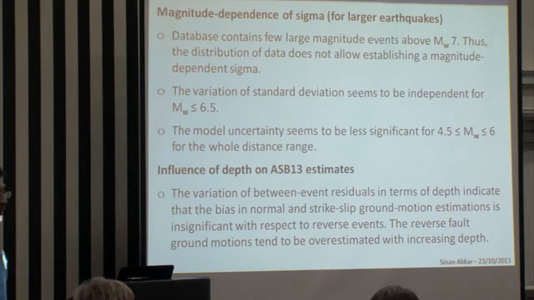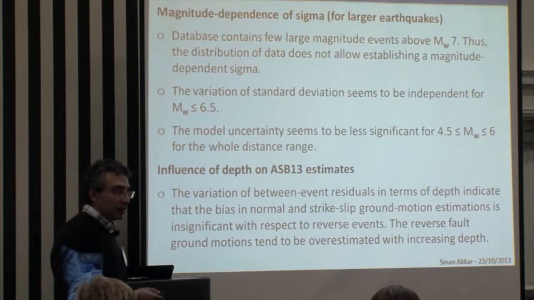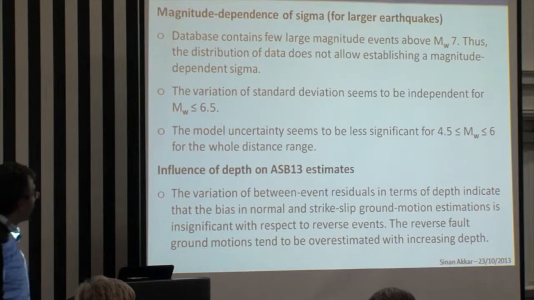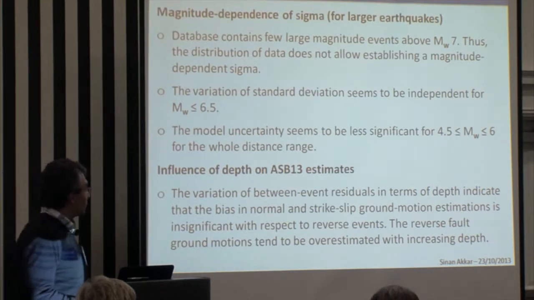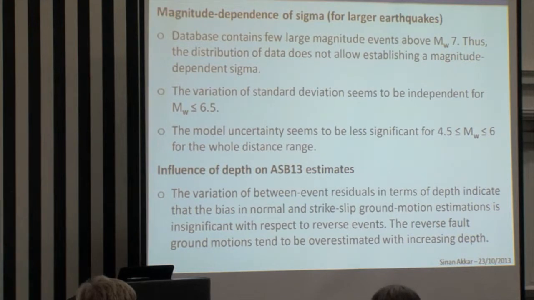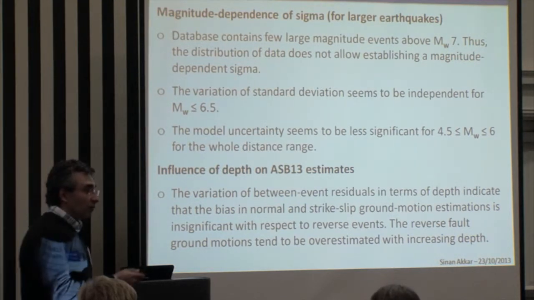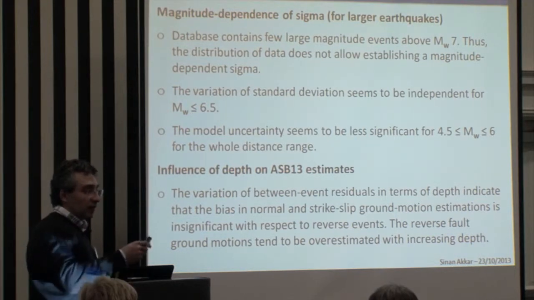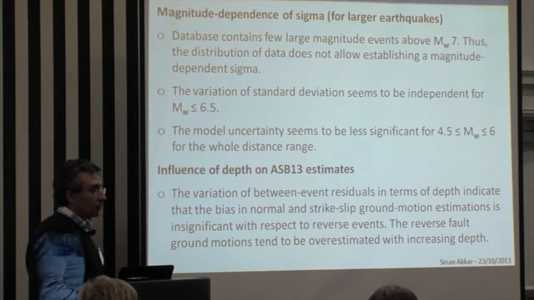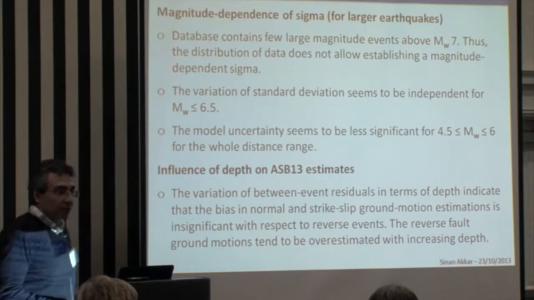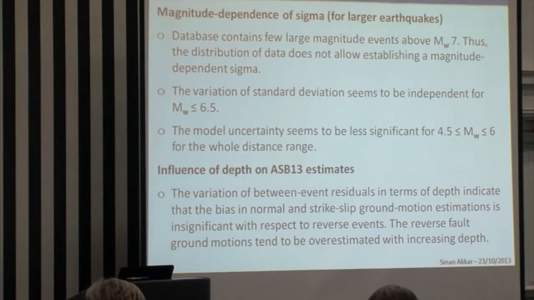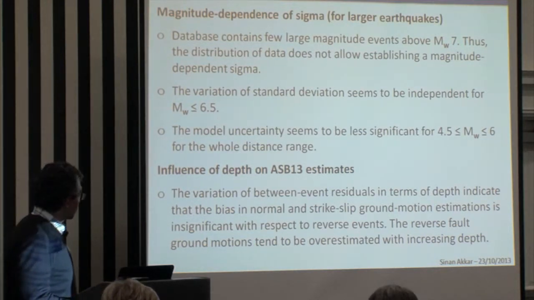So our sigma does not depend on magnitude, and the total variation of standard deviation seems to be independent for magnitudes less than 6.5. For magnitudes above 6.5, the statistics that I showed you may mislead you because we don't have much data for magnitudes over 6.5.